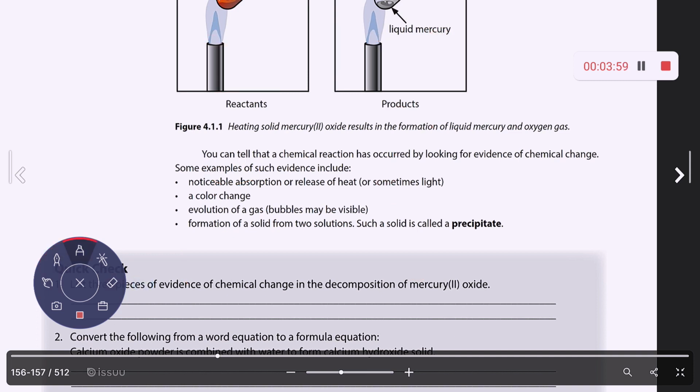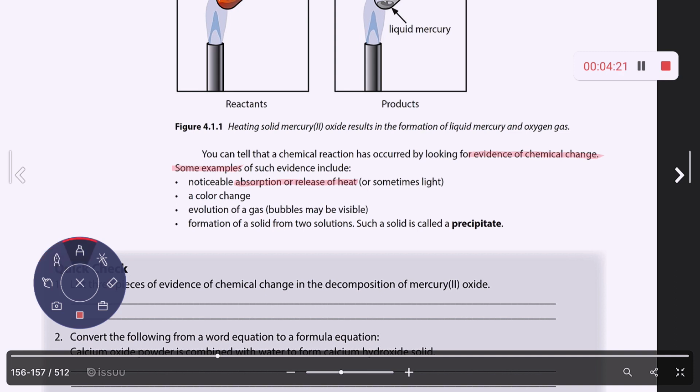So some examples of evidence of a chemical change would be if it absorbs or releases heat. So what that means is while you're holding a test tube or a beaker and you mix things together, if it feels cooler or it feels warmer, that would be absorption or release of heat, okay?